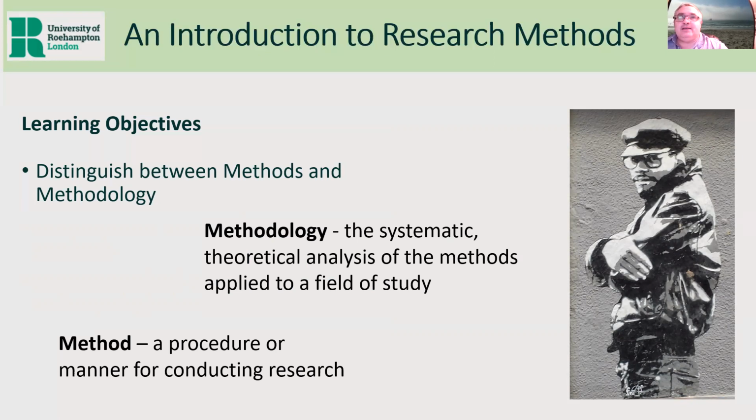It's systematic. It has a structured, regular approach. It has a theoretical framework within which the various methods fit when they're being applied to your field of study. So the difference between methodology and method is that methodology is the collection, the ology, the study of the methods, and the method is the individual method, the procedure, the technique, the manner in which you are conducting your research.